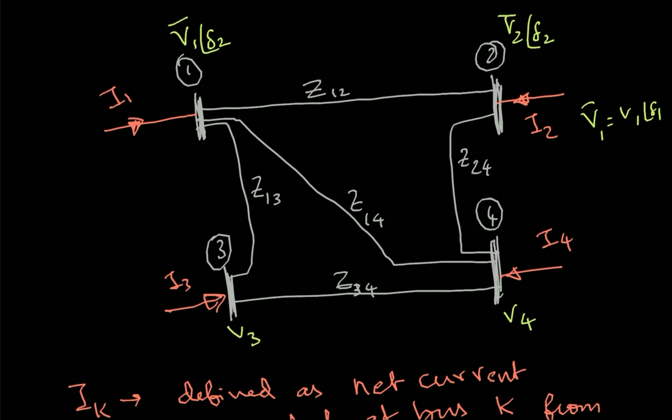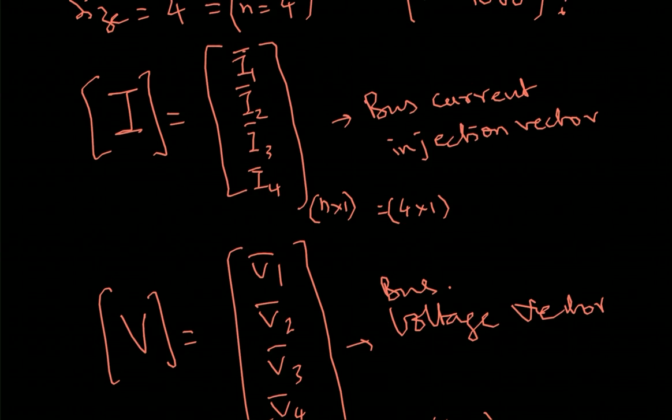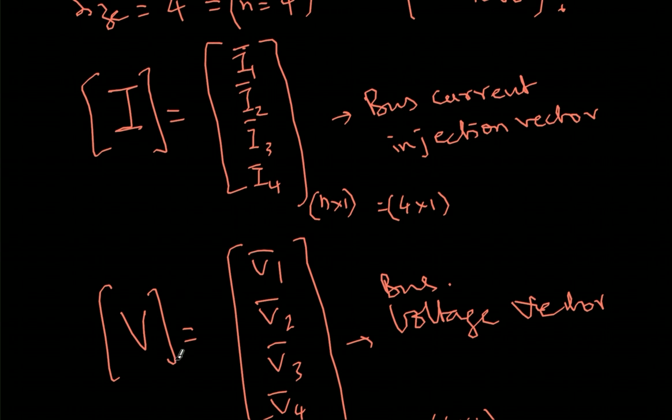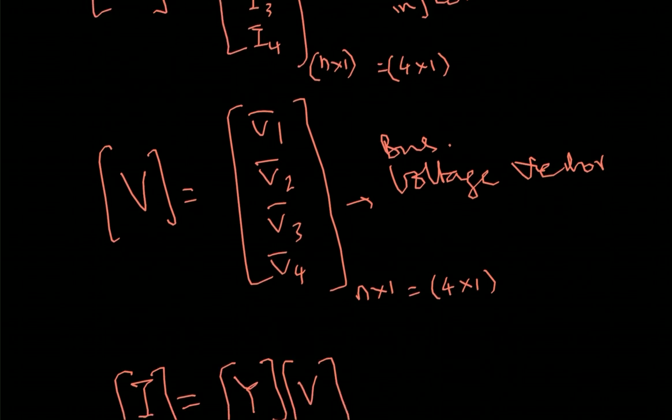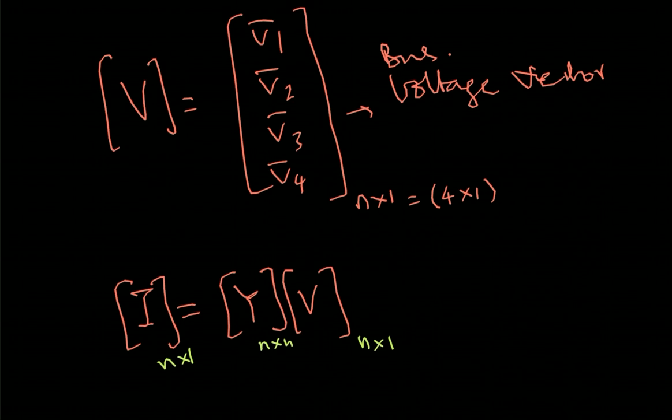I hope until now you have understood the notations. What is this I bus? What is this V bus? I bus is simply the external bus current injection vector I1, I2, I3, I4. And V is nothing but V1, V2, V3, V4, the bus voltage vector at all the buses.